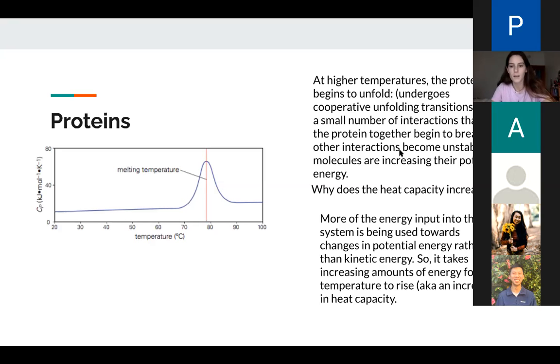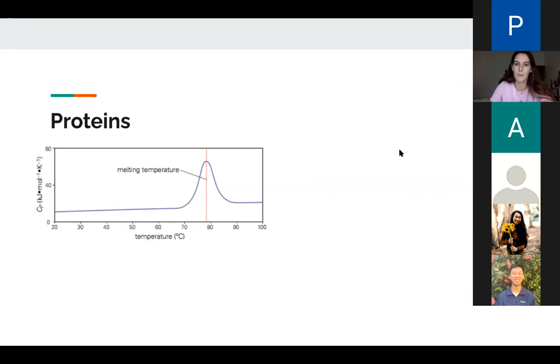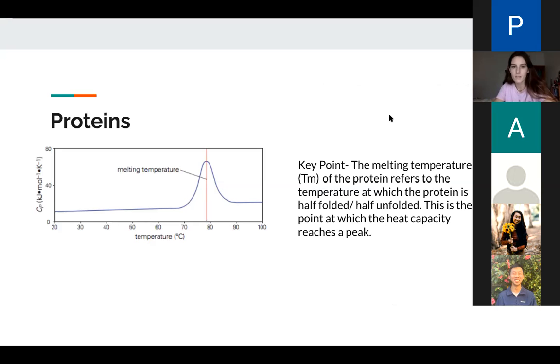That correlates to an increase in heat capacity. And then after this, we reach the melting point, which is one important thing to remember. So the melting temperature of the protein refers to the temperature at which it's half folded and half unfolded. And this is also going to be the point when heat capacity is at its peak.